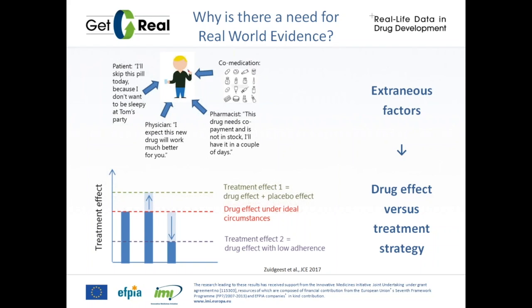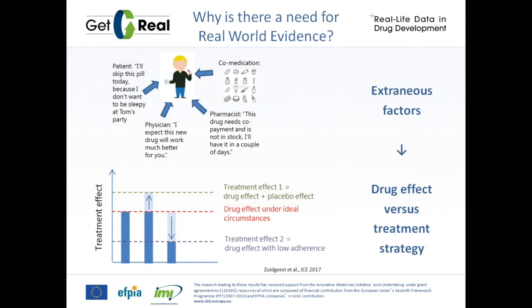They may decide not to be very compliant to what you prescribe. They may be believers, or their physicians may be believers. They may take all sorts of co-medications or have comorbidities that are not allowed in the previous clinical trials, and that may change from the ideal drug effect under ideal circumstances to what is observed in real life.